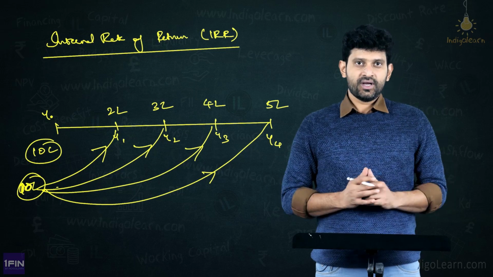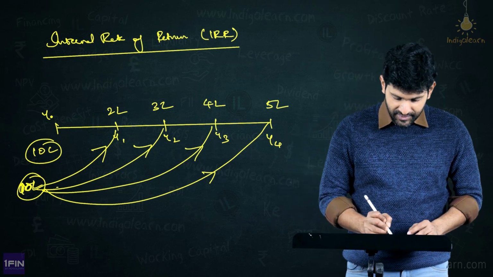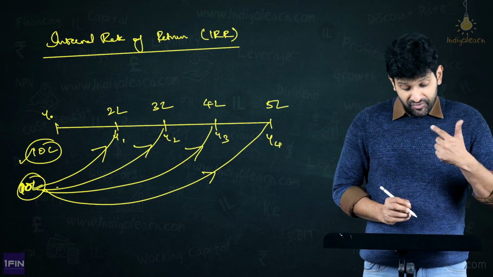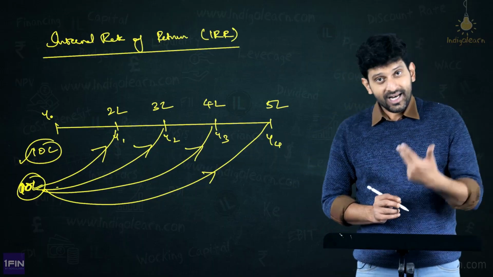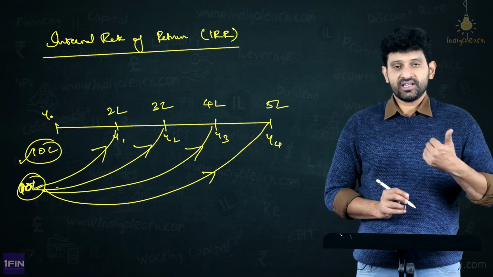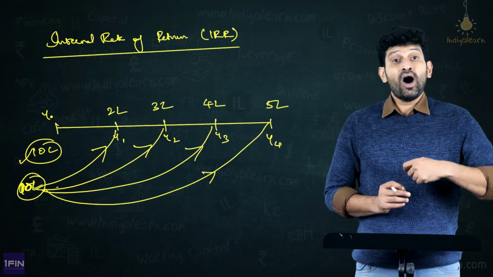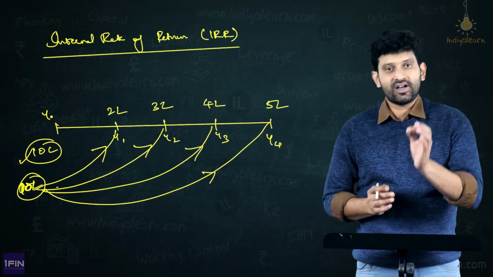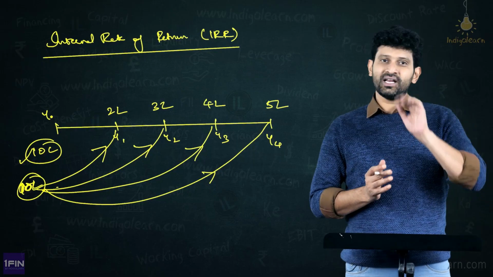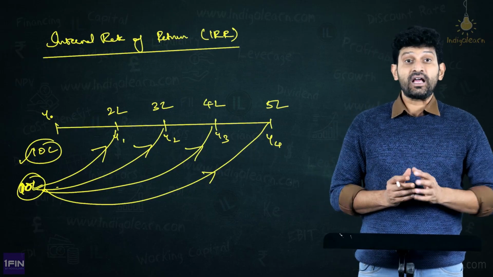Now what does this mean? There is an investment of 10 lakhs which is made. If you have invested 10 lakhs and generated 2 lakhs CFAT in year 1, 3 lakhs in year 2, 4 lakhs and 5 lakhs in year 3 and year 4 respectively, what is the rate at which these returns have been generated? That is called our IRR.